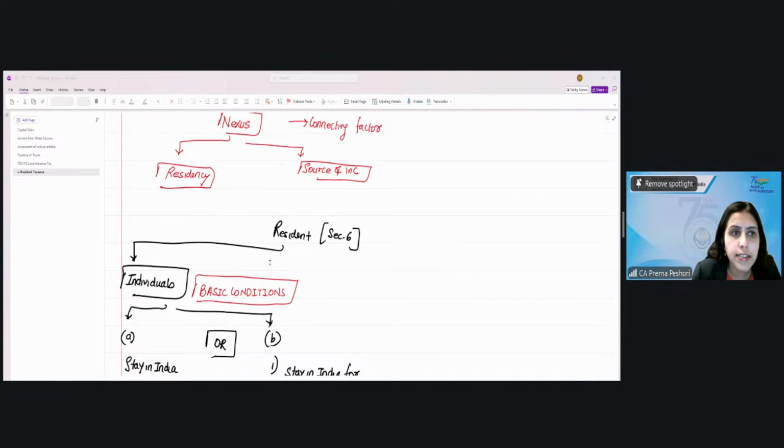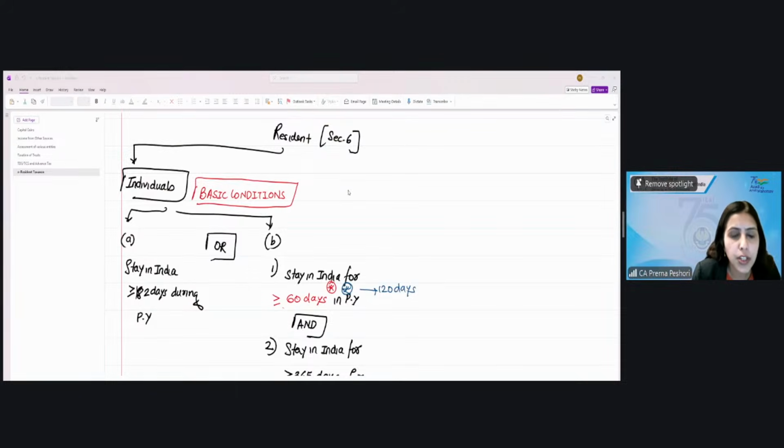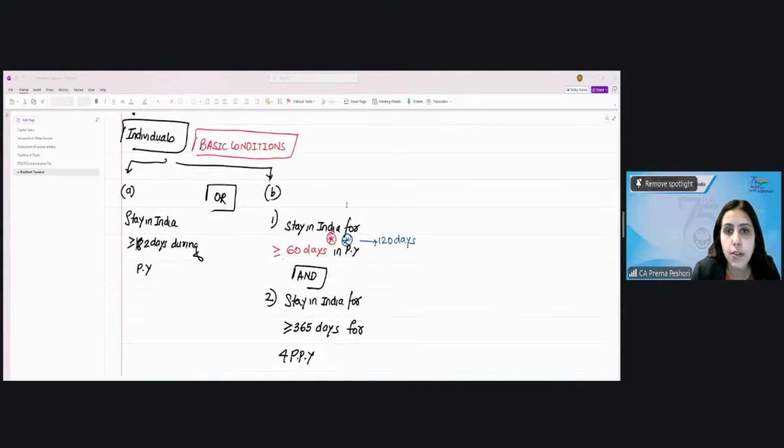Yes. Under section 6(1), an individual is said to be a resident in the previous year if he stays in India for greater than or equal to 182 days during the relevant previous year, or he has been staying in India for more than 60 days in the relevant previous year and more than 365 days in the 4 years immediately preceding the relevant previous year.